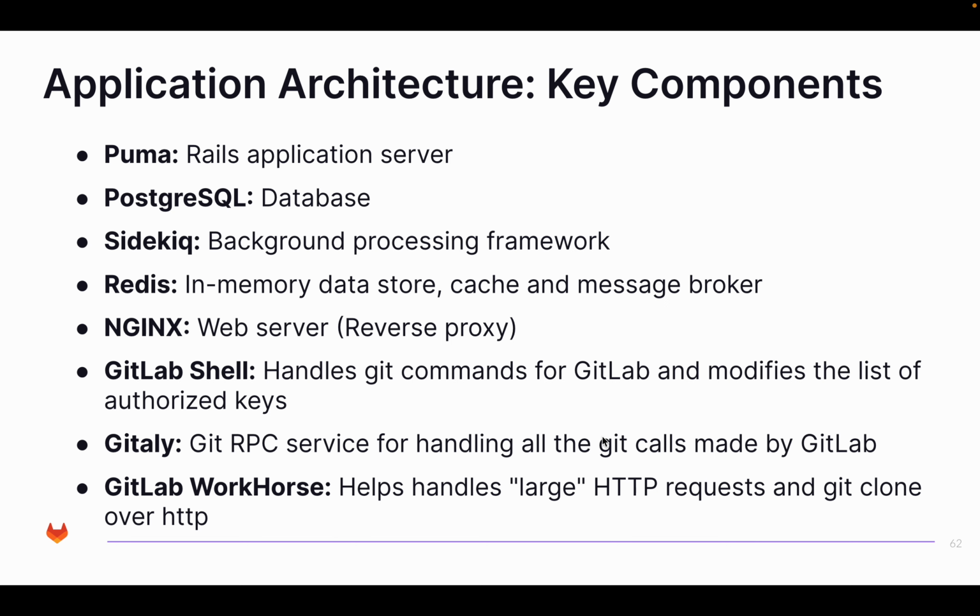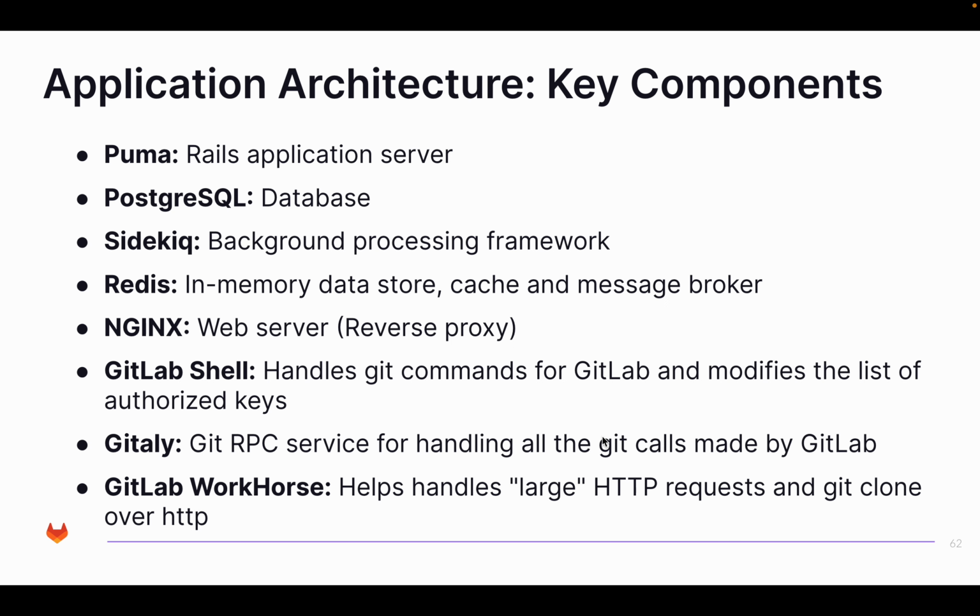Then we have GitLab Shell that's handling all the Git commands for GitLab. It's sort of an intermediate between Rails and Gitaly. Gitaly is the backend engine for Git, so all Git-related operations go through Gitaly, and Gitaly then handles the storage to the Git repositories. And then we have GitLab Workhorse that handles large HTTP requests and also the Git clone over HTTP.